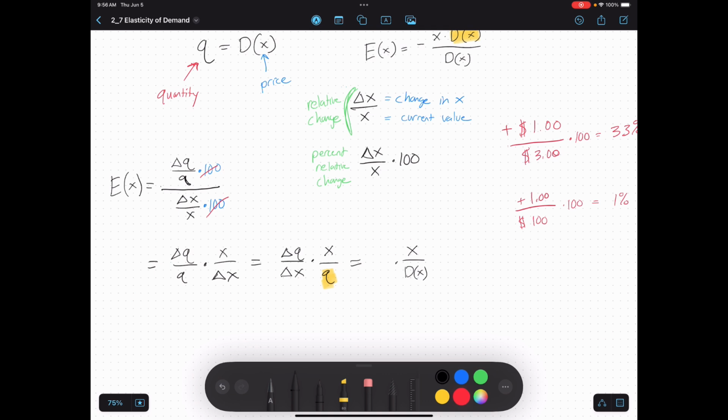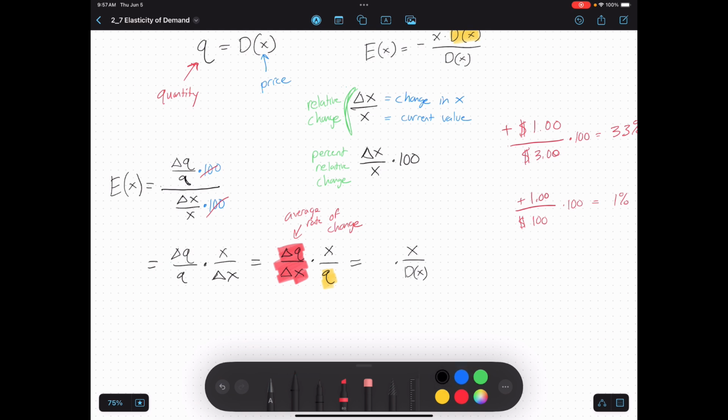But what about delta Q over delta x? We should recognize that as an average rate of change. And there's a reason we're learning this after learning about differentials. What did we learn in the previous section? If delta x is relatively small, I can estimate this value using the derivative.